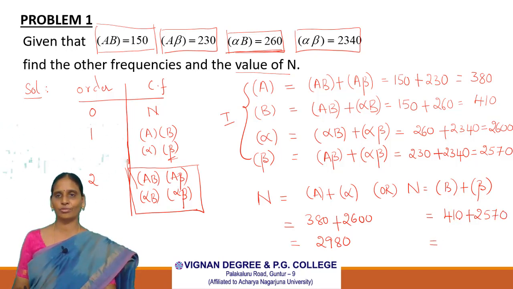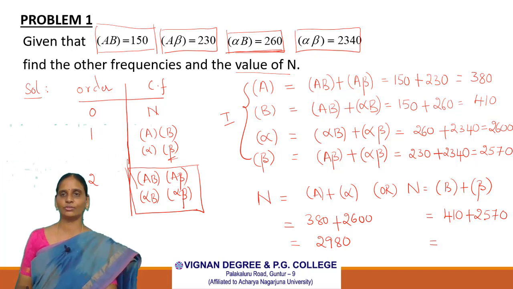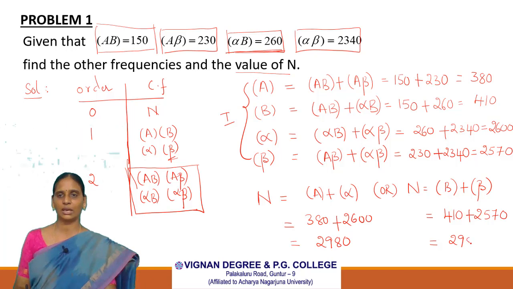The sum of 410 plus 2570 is also 2980. The value of capital N, whether we calculate frequency of A plus alpha or frequency of B plus beta, is the same. The two values are the same.